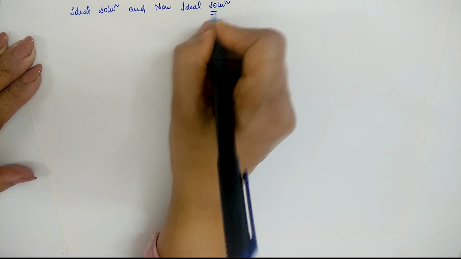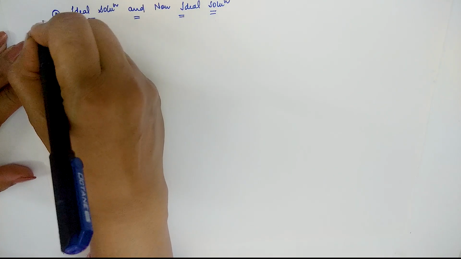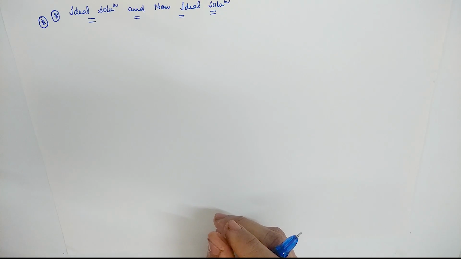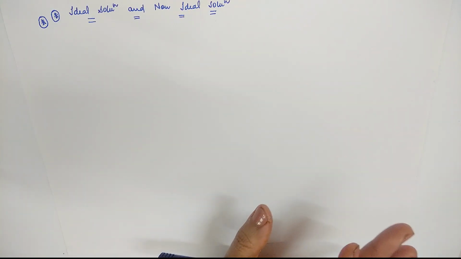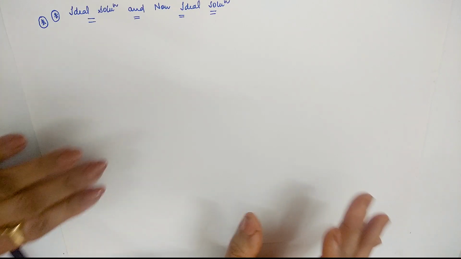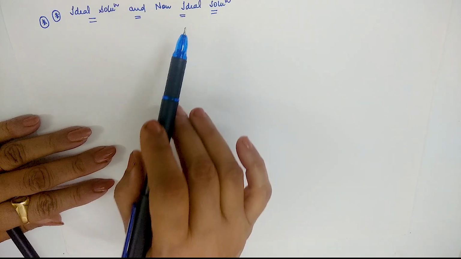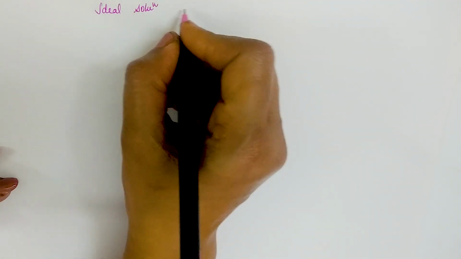This is also a theoretical part, in which sometimes the question is asked in the form of one number or sometimes asked in the form of state Raoult's law or non-ideal solution or anything, something is asked here. Any of the ways it can be asked. Now first of all we'll try to understand what we mean by an ideal solution and a non-ideal solution.